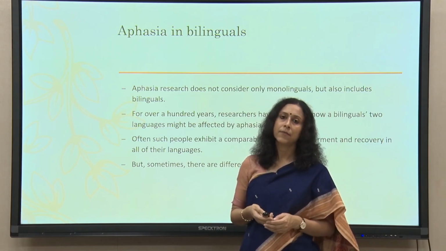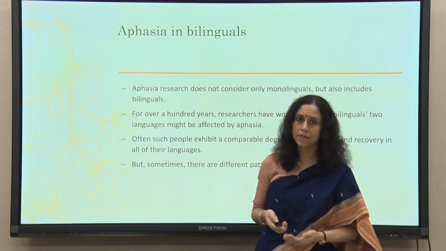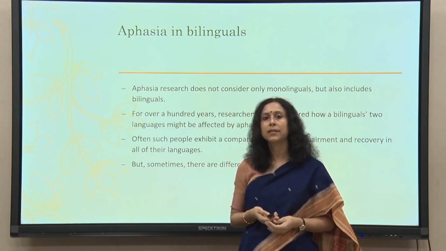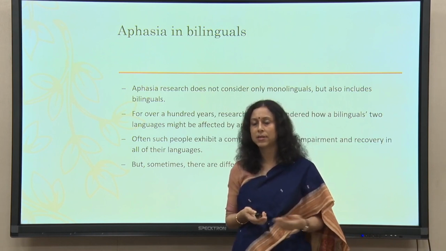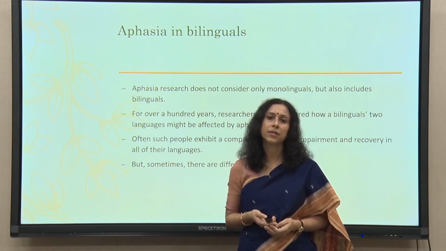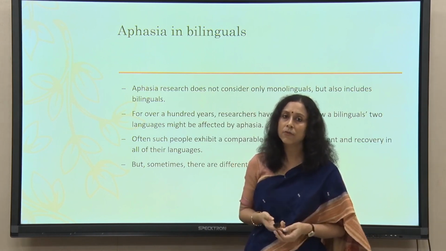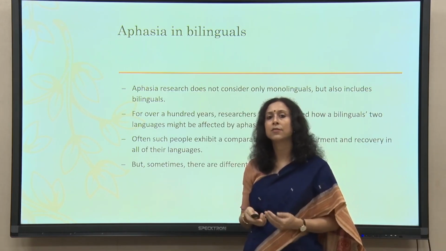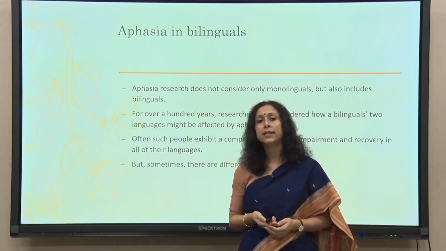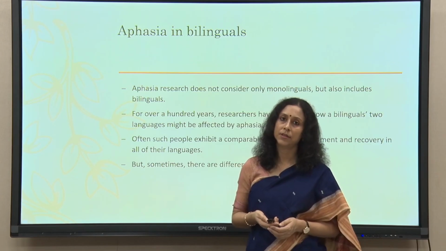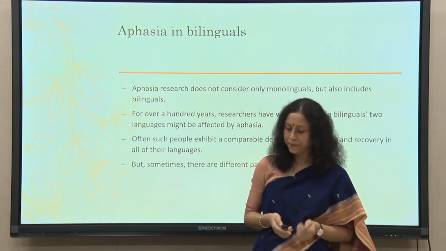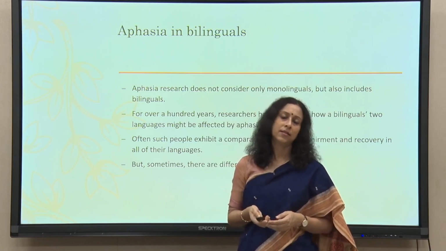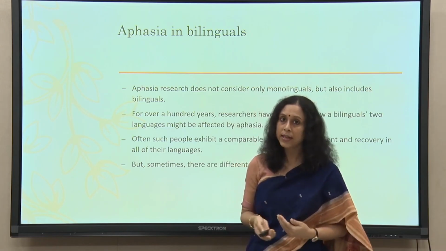For a long time there was a belief, in fact the data suggested, that the languages would be affected similarly. On the one hand, that was the finding, that both languages of a bilingual will be affected more or less similarly, but on the other hand there is also a large amount of data that suggests that a bilingual's two languages are affected differently. So, the picture is not very clear.